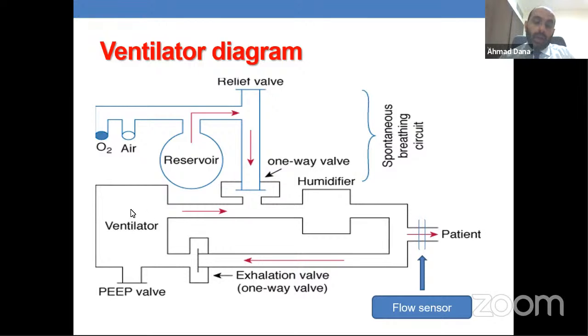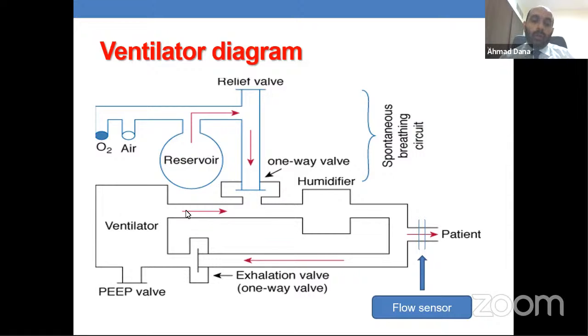This is very important: the aim of the ventilator is to generate pressure. If the ventilator is not able to generate pressure, it means there is some disconnection, which is usually before the patient.